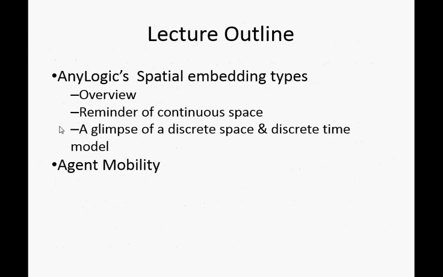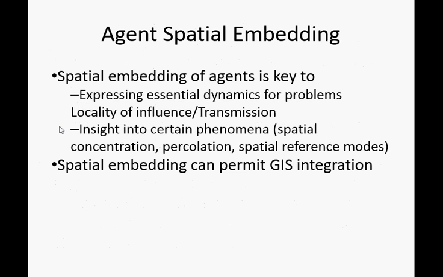And if we're lucky, we may get to finish a given example of that with mobility in discrete space. But first, we're going to be taking a look more generally at this topic of agents spatially embedded and how we capture it within these models. Okay.